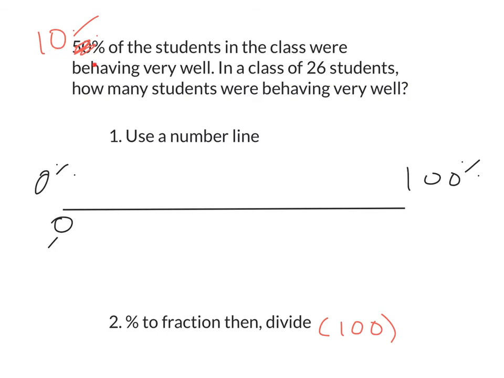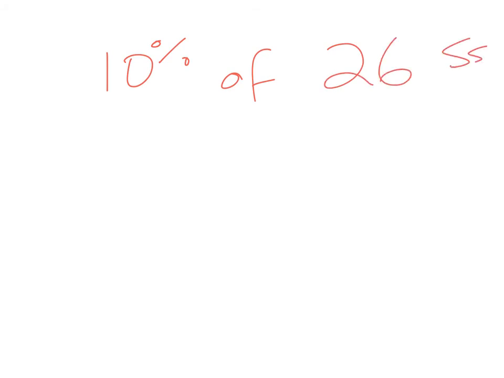10% of 26 students. So 10% of 26 students. Let's put SS. 10% of 26 students. Let's change this into a fraction. So this is going to go down here. 10 out of 100.